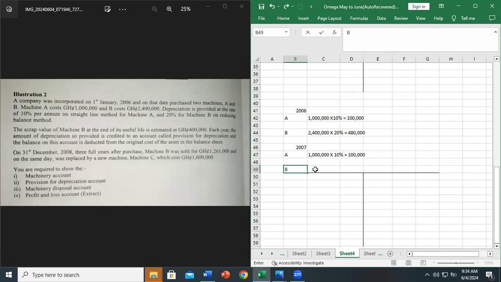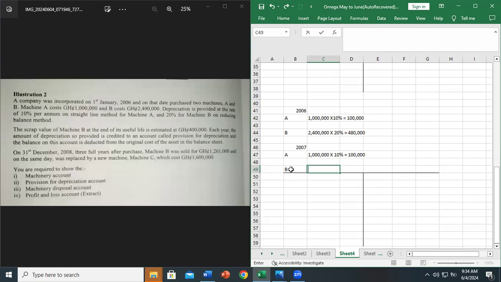But because the method on asset B is reducing balance method, it means that we pick the cost and we less the previous depreciation from it. That's the reducing balance. You less the previous depreciation from it before you apply the rate. So let me take it again.